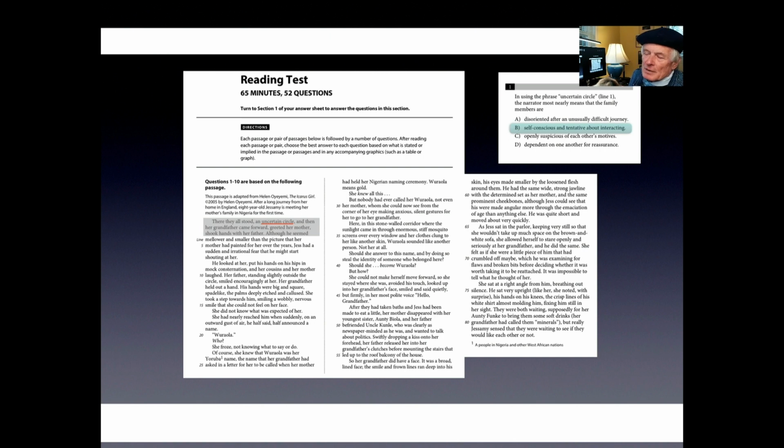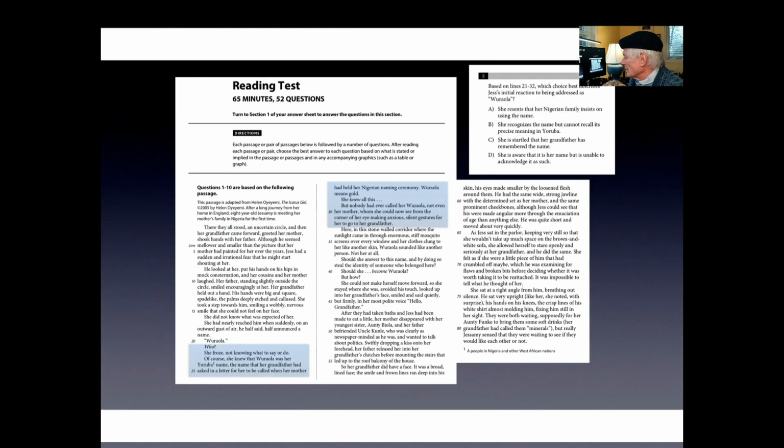There's going to be 52 questions in 5 passages. And there's one more thing I want to point out. In instances where the question is giving you some lines to look at, for instance, based on lines 21 to 32, which choice describes just his initial reaction to being addressed as Rorola?